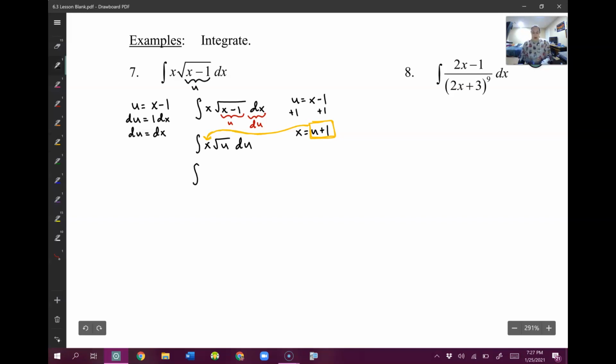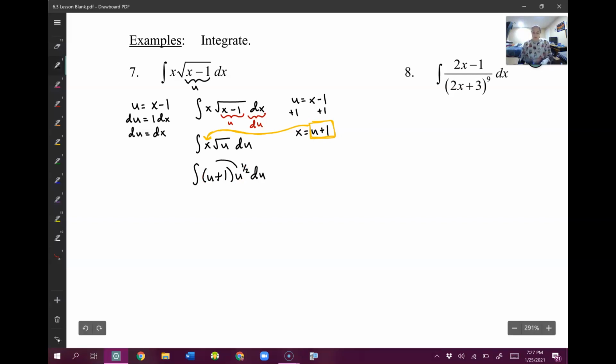So then x is going to be u plus 1. I'm going to change my square root of u to be u to the 1/2, and then du. So that du says we should be in the language of u's. Are we? Yes. Now everything's in u, so now we're good.